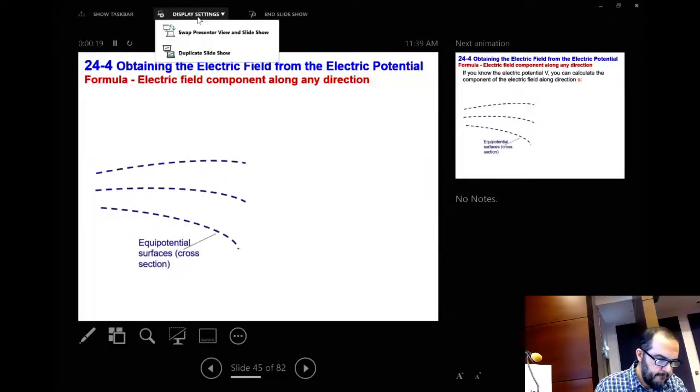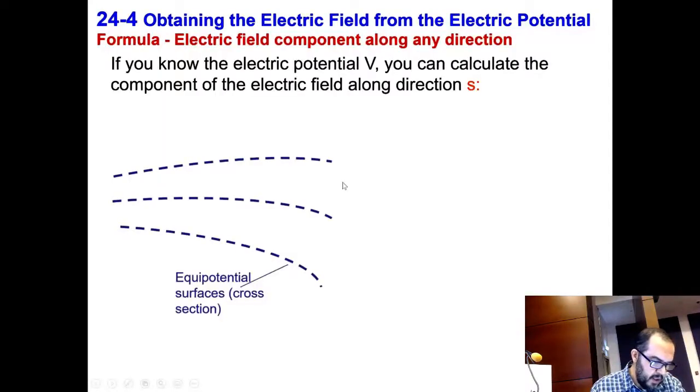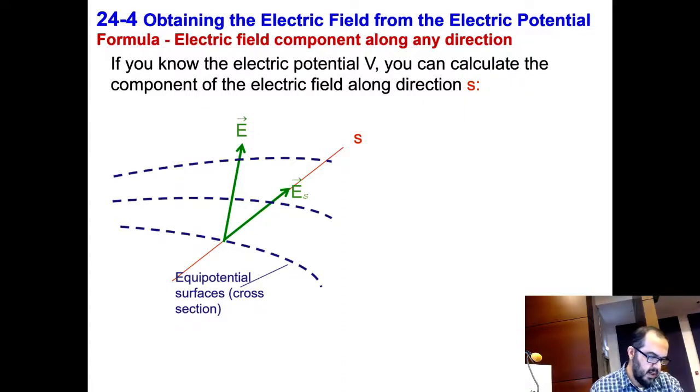So here let's assume you have an electric field and you want to calculate the component of this electric field along a certain direction S. I want to determine what's the component of the electric field along that direction. We can do a perpendicular projection, but we have a nice mathematical equation to do that.